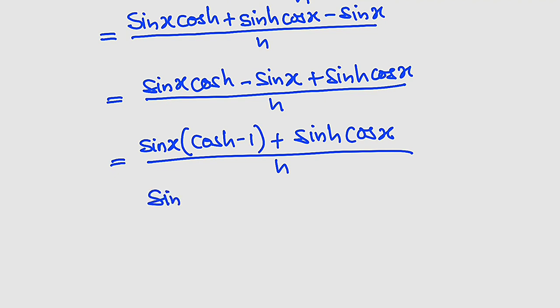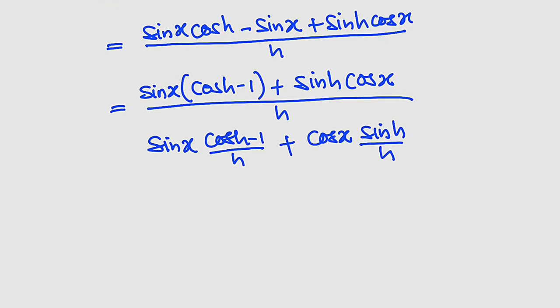We have sine x, then cos h minus 1 divided by h, plus cos x multiplied by sine h divided by h. We cannot apply the limit yet, because the moment you substitute 0 here, since h is approaching 0, this will be a 0 over 0 situation, because sine of 0 is 0 and h is 0. So we have an indeterminate expression.